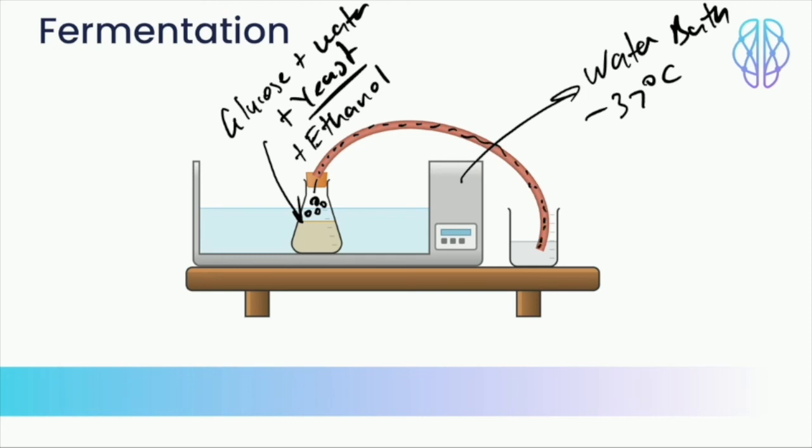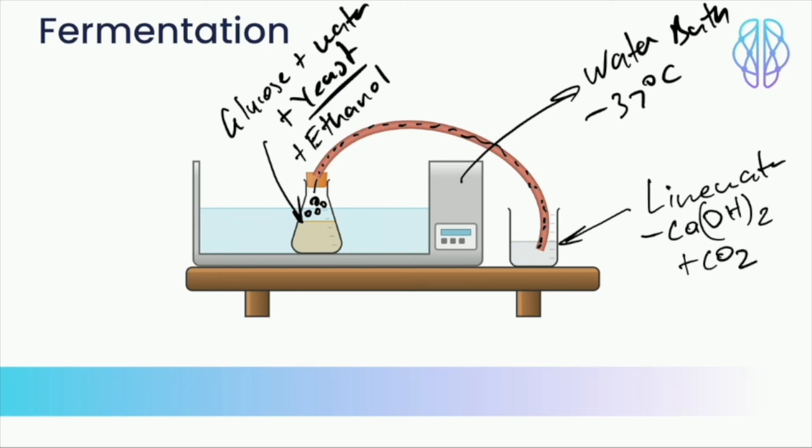Now you might be thinking, what is this secondary beaker here? Why does the tubing empty out from the primary reaction vessel into this second beaker with this white substance? This is what we call lime water, which is calcium hydroxide. When we add carbon dioxide to this lime water, it forms calcium carbonate, which is white.